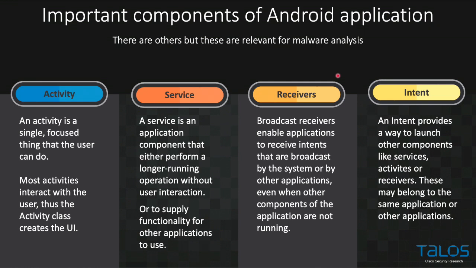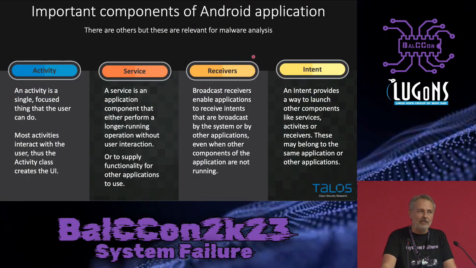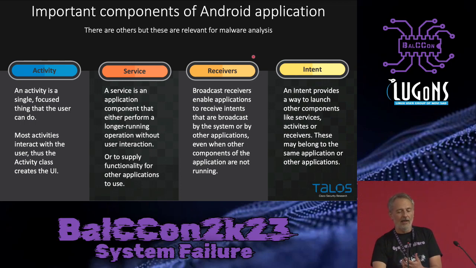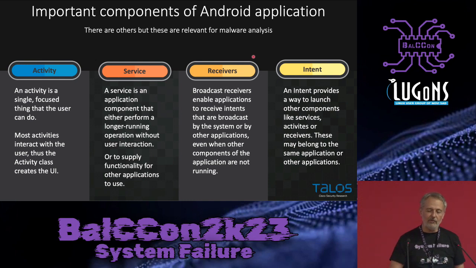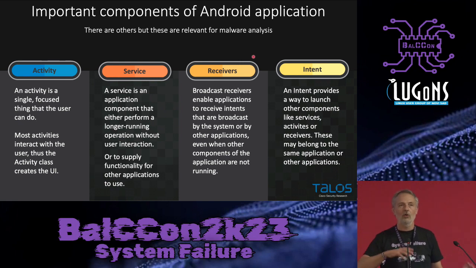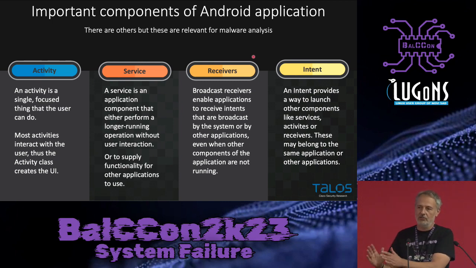Most of the things in the Android world are asynchronous, which means that a lot of the functionality executed by the applications will be triggered by some sort of event that happens within the operating system, like receiving an SMS or boot completed and so on. And there are these communicating packages which are called intents. An intent is a way to communicate that one part of the system or an application wants to do something with the whole system or with one specific application that you want to target.